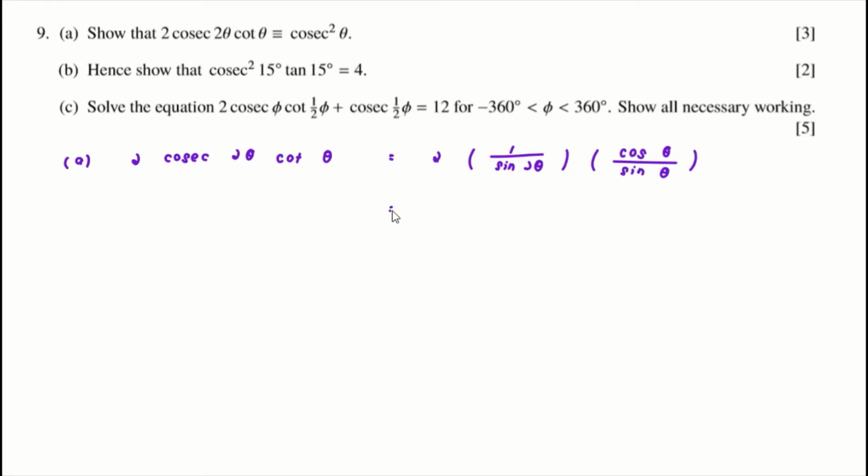Now let's try to change this: 2 over sin 2θ is 2 sin θ cos θ. Then continue with cos θ over sin θ. Here, you can cancel off cos θ, then 2 and 2, and you are left with 1 over sin² θ.